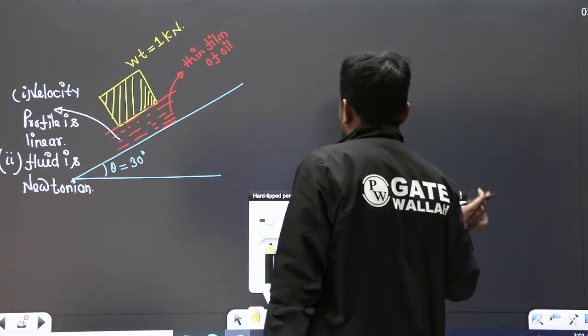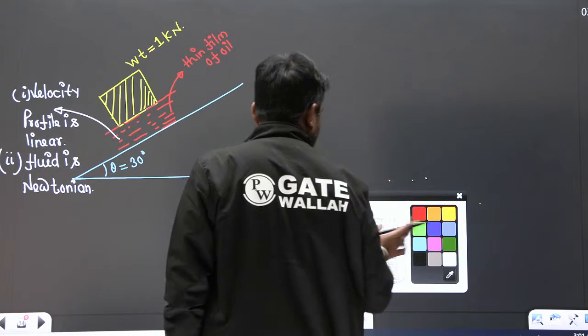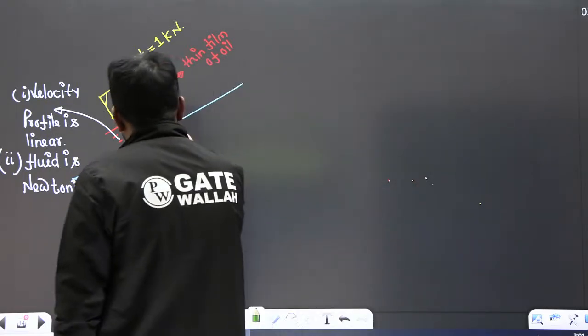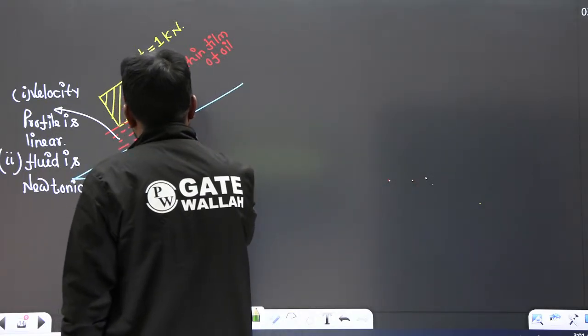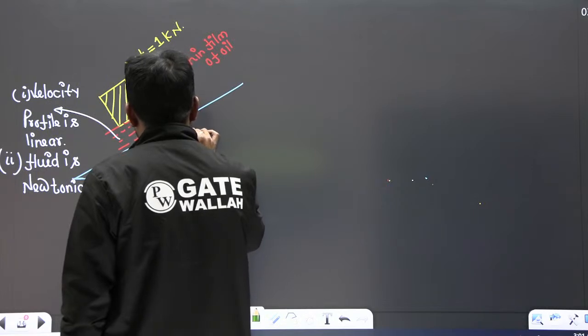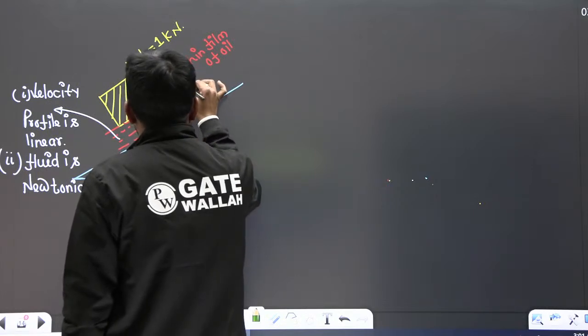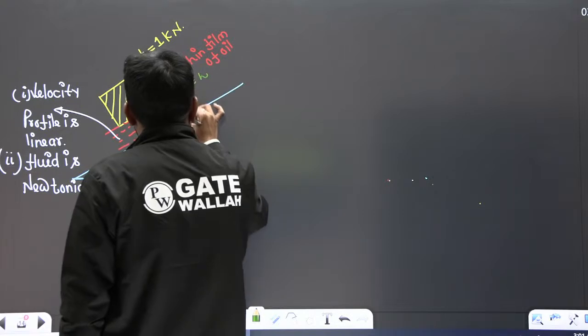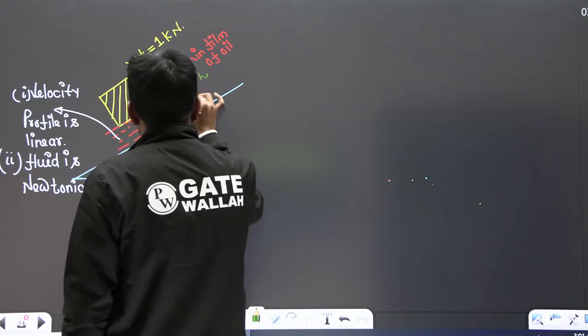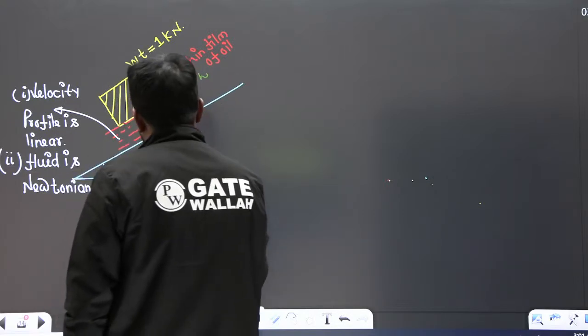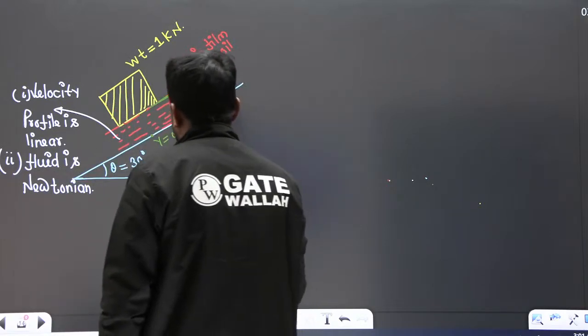And the velocity profile is linear. So at this point we should assume that y is equal to 0 meter, and at this point y is h, because this gap is given as h. We should follow the no slip velocity boundary condition.